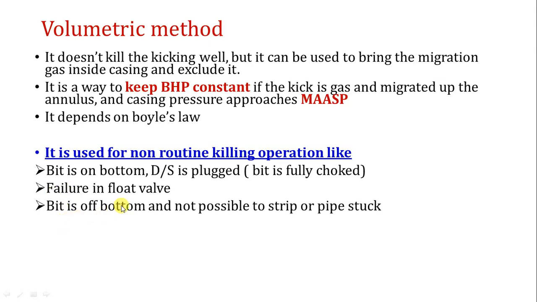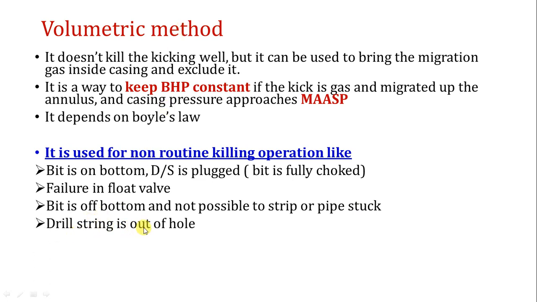Number three, the bit is off bottom and it is not possible to strip the drill pipe inside, or the pipe is stuck. So this is a non-routine situation for using the driller method or the wait and weight method. At this time we go directly to the volumetric method.